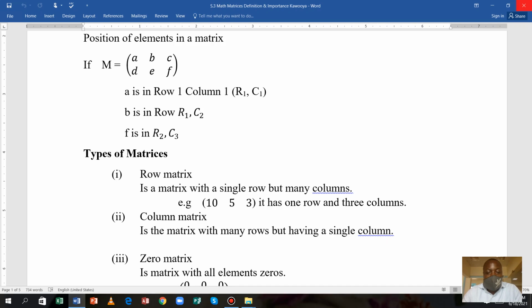Two, we have what we call a column matrix. It is a matrix with many rows but having a single column.